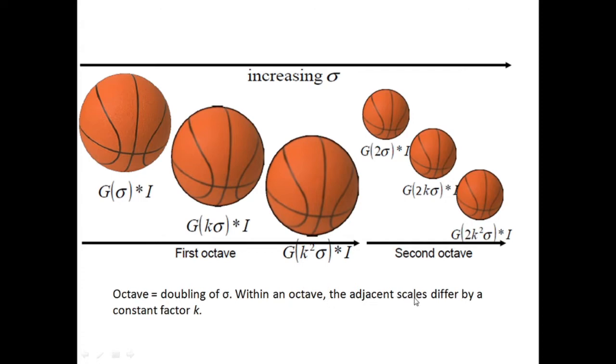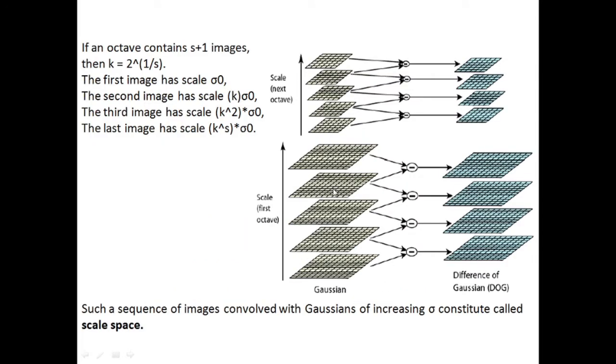Within an octave, the adjacent scales differ by a constant factor k. So here k power 0, k power 1, k power 2. These scales are the result of the Gaussian operator blurring the original input image. Now let us assume an octave contains s+1 images.